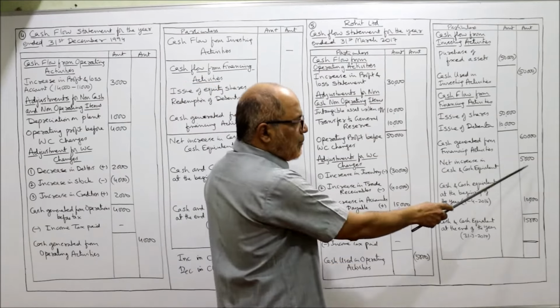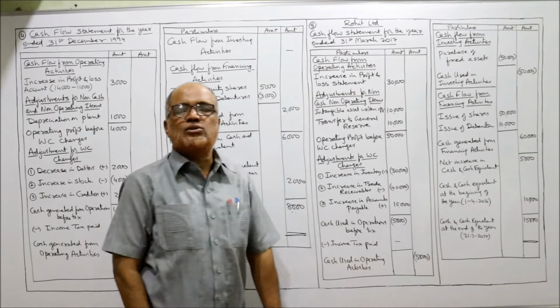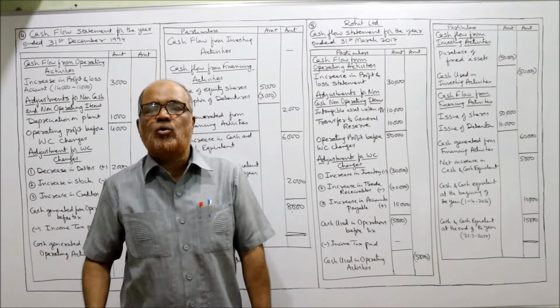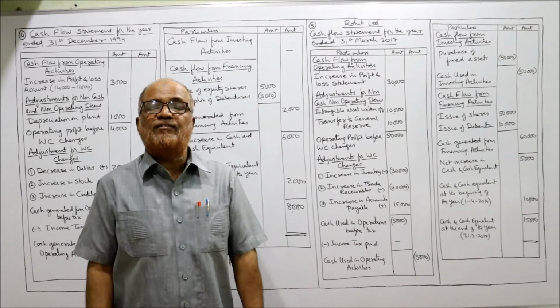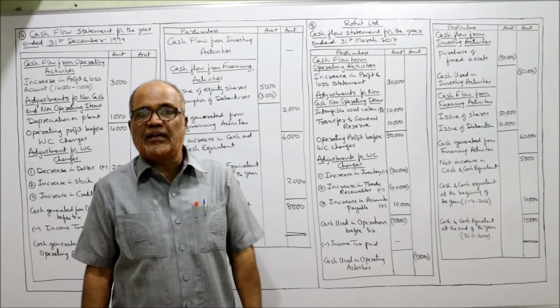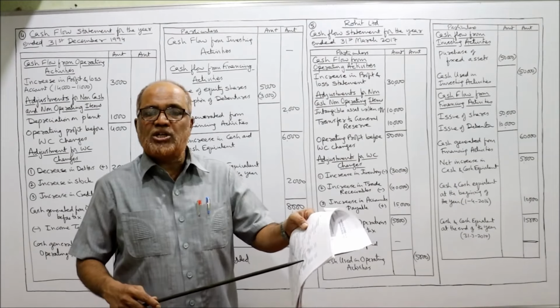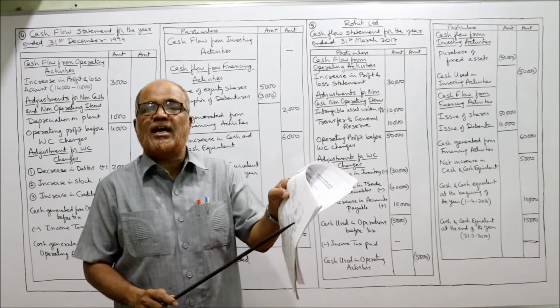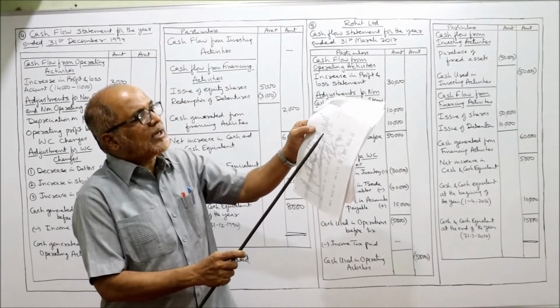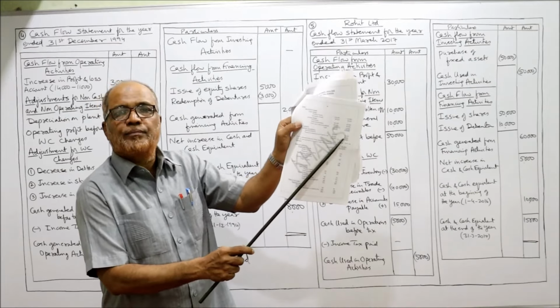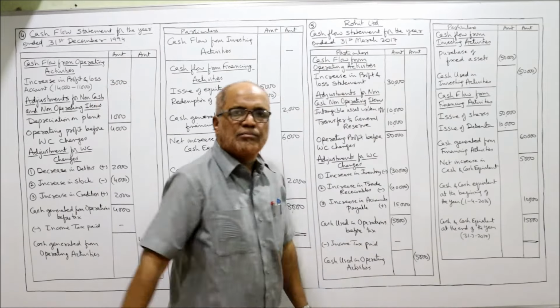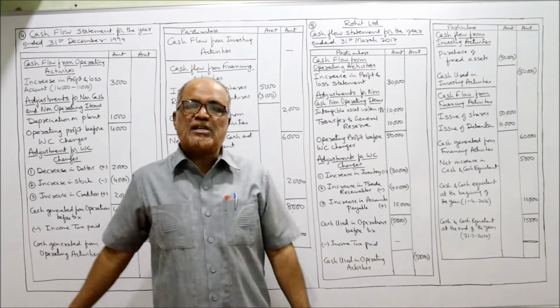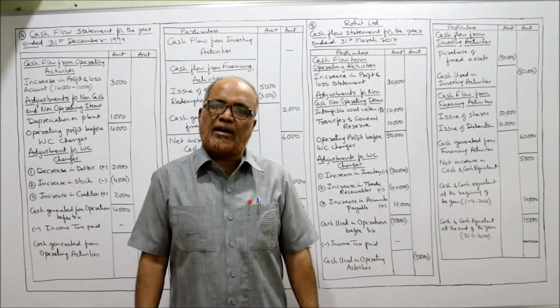Now 5,000 plus 10,000, 15,000 rupees is the cash and cash equivalent at the end of the year, 31st March 2017. Now check, in the balance sheet you must have cash and cash equivalent 15,000, and we also got 15,000. That means our calculation, our presentation is absolutely right.